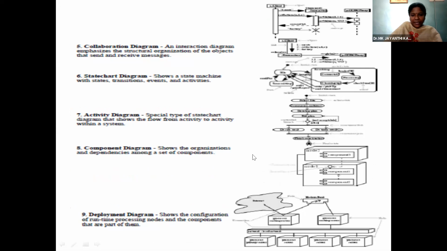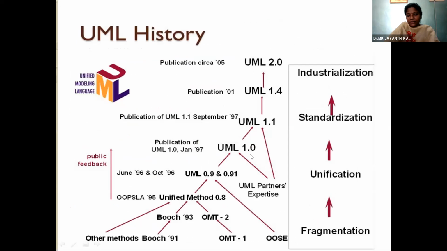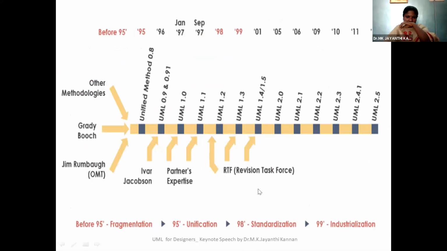So these are the 9 main diagrams in UML. So these are the versions when UML was created, and from 2013 onwards we have 2.5, and we have an updated version now also.